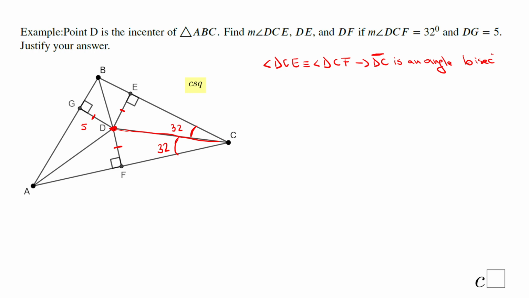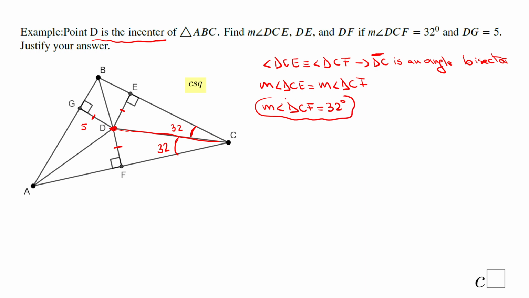Why? Because D is the incenter. So now we know the measure of angle DCE should be the same as the measure of angle DCF. So the measure of angle DCE is nothing else than 32 degrees.